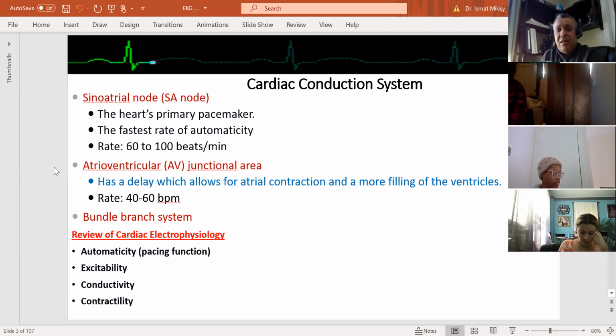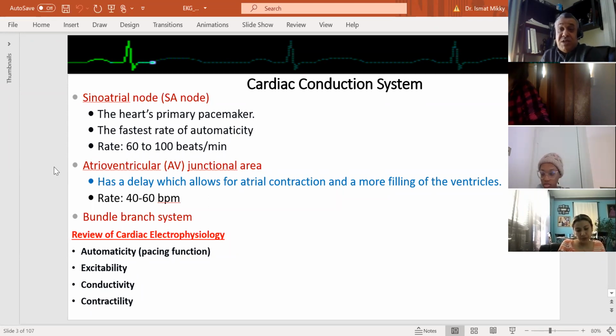So again, the cells in the myocardium have a specific feature that is not present in any other cells, which is the pacing function, automaticity. Second, excitability: these muscles can be excited very easily. Sometimes we take too much caffeine, right?